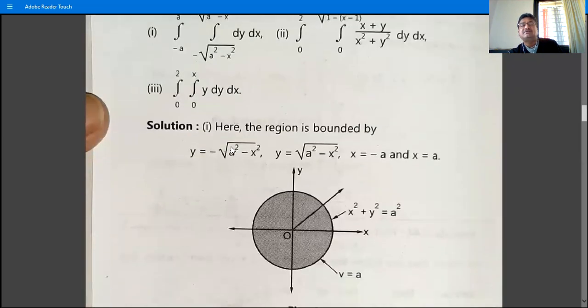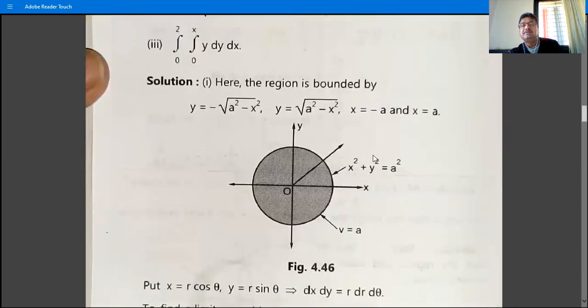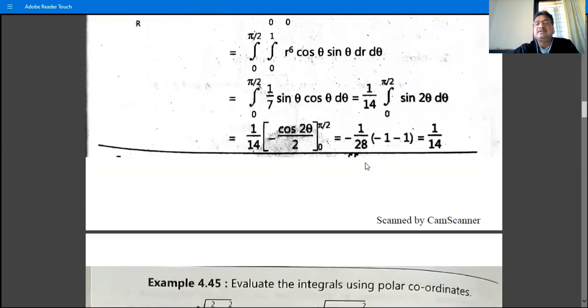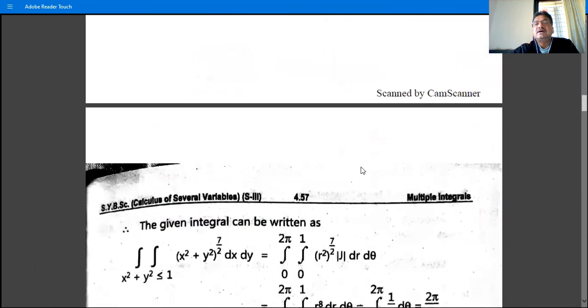If x square plus y square equal to a square, a circle, then use polar coordinates, that is, use x is r cos theta and y is r sin theta. We will see examples of change of variable in the next lecture, the remaining examples.